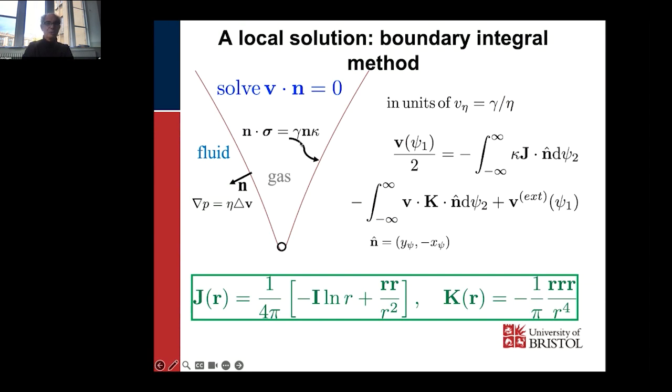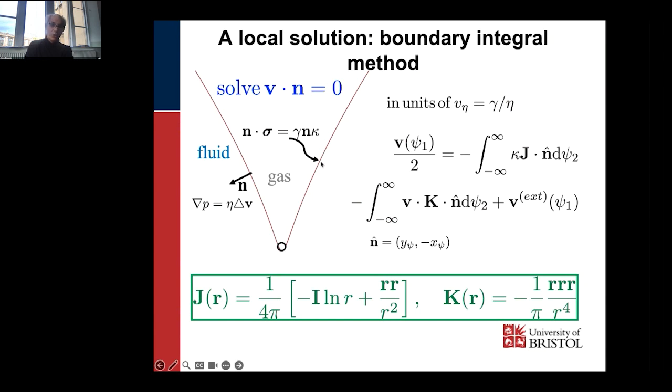I have the usual boundary condition here on the surface, namely the normal dotted into the stress tensor is the surface tension coefficient times the curvature times the normal. So this is my flow problem. And to fix the shape of the free surface, I also want that the free surface is a streamline, so I want that the velocity dotted into n is 0.